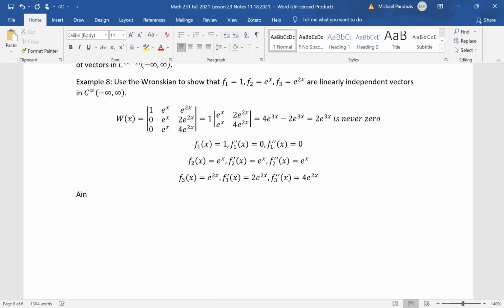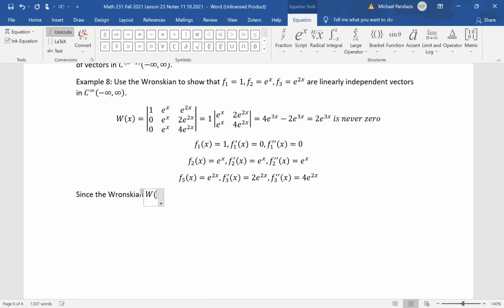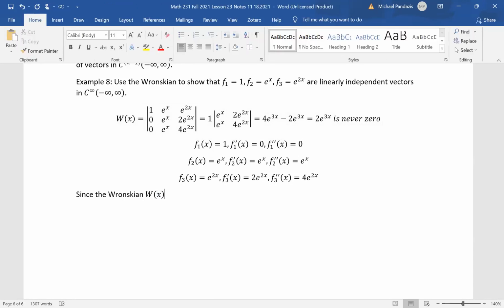And so since the Wronskian, we get to the extreme opposite case. We only need somewhere it's non-zero, and we get it's never 0. So since the Wronskian W of x is never 0, that means that somewhere it is non-zero.